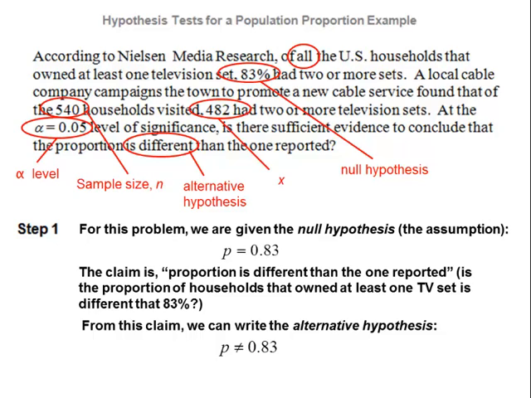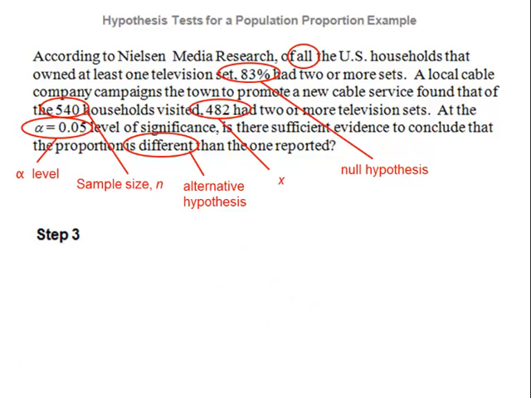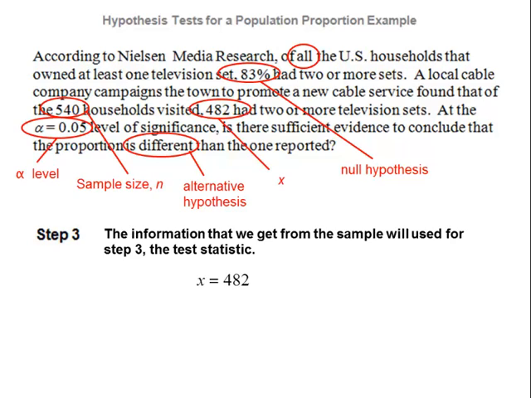We don't care if it's less than or greater than, we just want to see is there a statistically significant difference. Step number 2, alpha level is 0.05. Step number 3, from the problem we know that x is 482, n is 540, and our sample proportion is x over n, which rounds off to be 0.8926 to 4 decimal places.